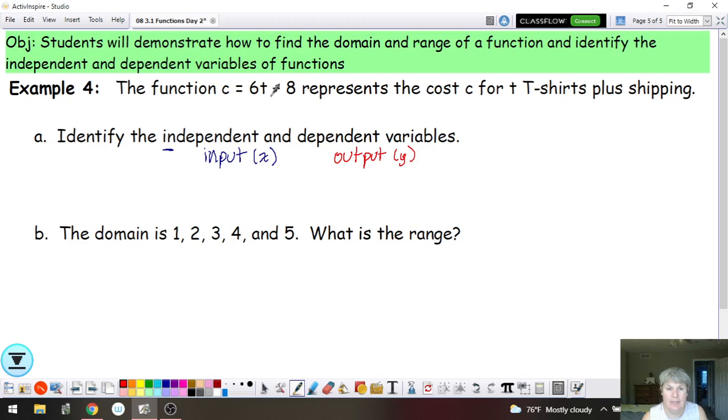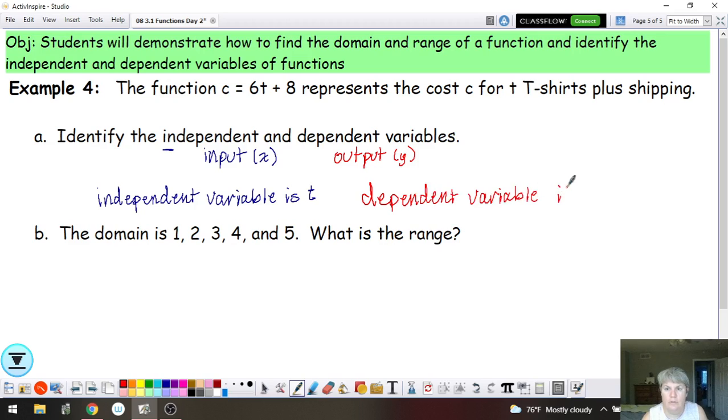In this case, it's the T. So we can say the independent variable is T, and the dependent variable is C. So our cost is dependent on the number of t-shirts we order.